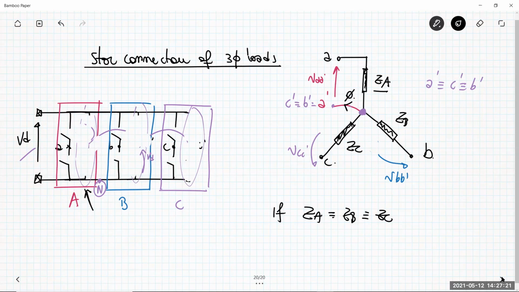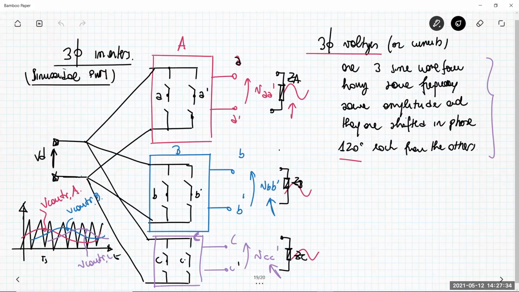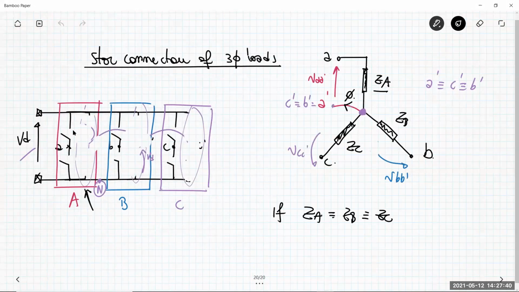So as you can see, by exploiting the specific configuration of a star-connected three-phase load, from the 6 legs that I originally had when starting the discussion from one-phase inverters, I just have 3 legs.